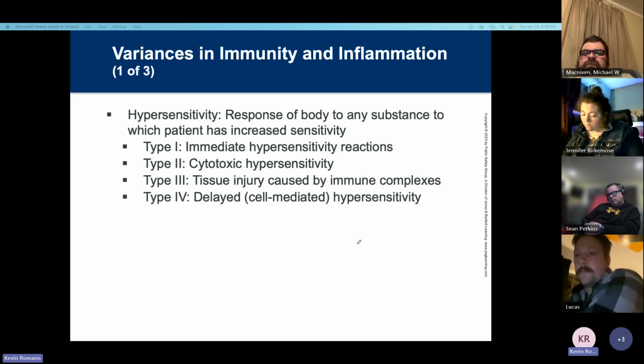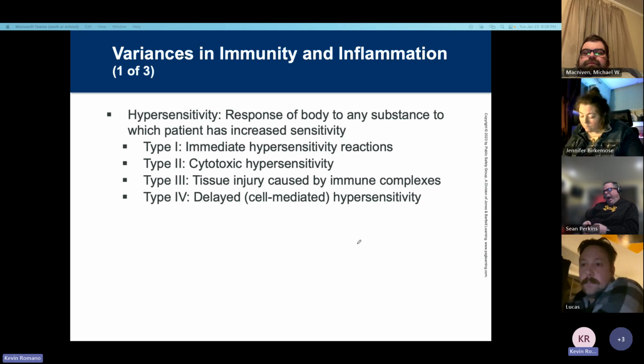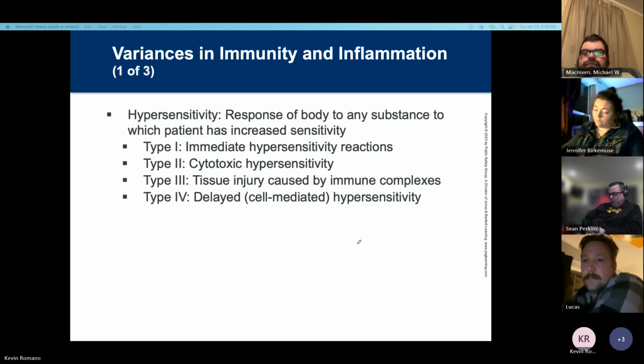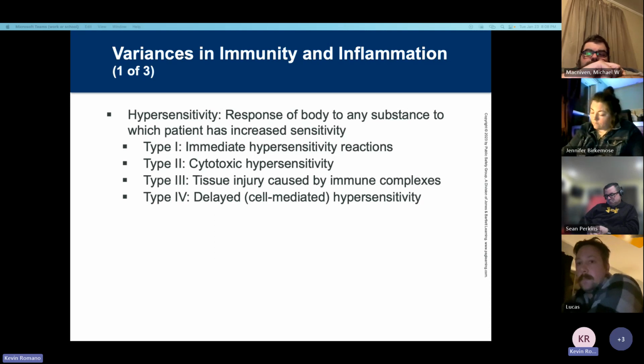Another thing you may also see is what they call angioedema, and angioedema is swelling of the tongue. Type 2 is a cytotoxic hypersensitivity reaction where cells are destroyed by the complement fixation of other antibodies. A type 3 is a tissue injury caused by immune complexes, which may be systemic or localized.